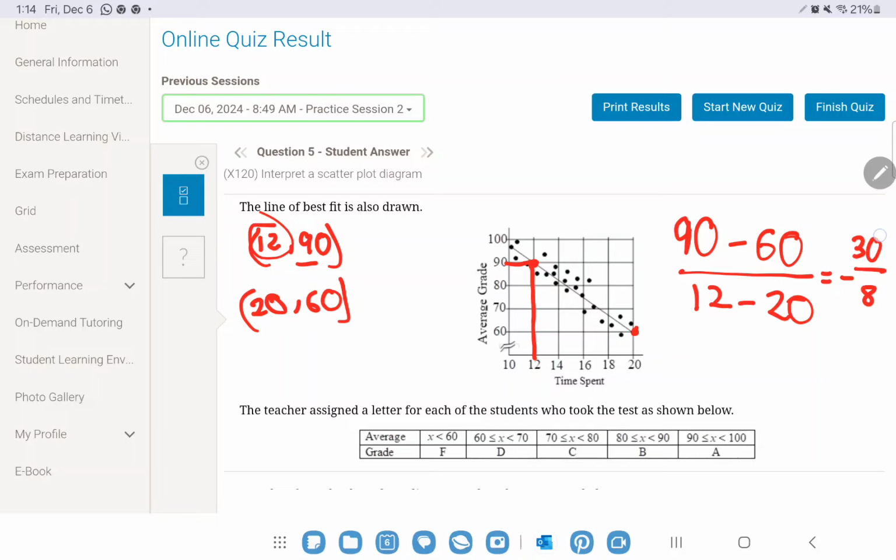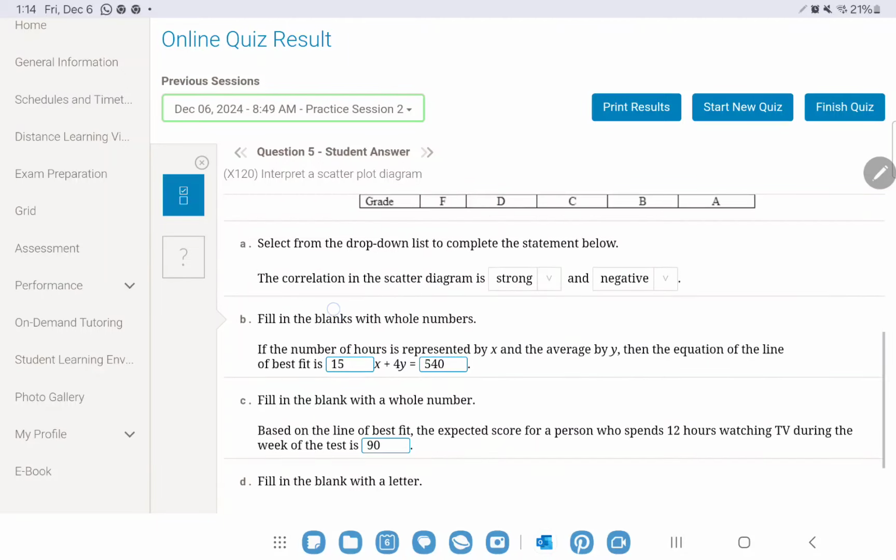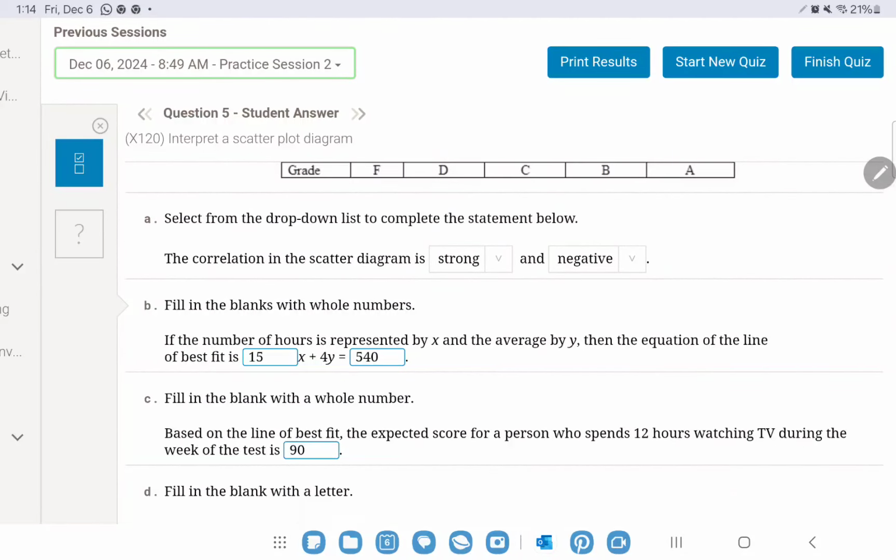When you simplify it, it's gonna be negative 15 over 4. So that's your slope. Now we take our slope and we take it down so we can finish the equation. Slope equals negative 15 over 4.